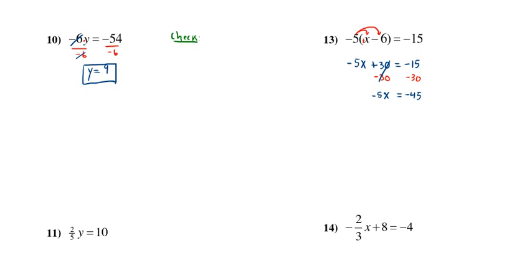In the final step, we just need to remove the -5. The -5 is multiplying with the x, so we need to do the inverse, which is division. Divide by -5 on both sides. And doing the operation, we have -45 divided by -5, that is +9, because negative divided by a negative is positive, and 45 divided by 5 is 9.